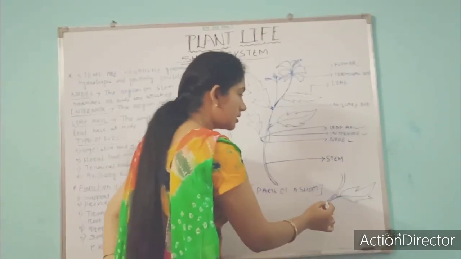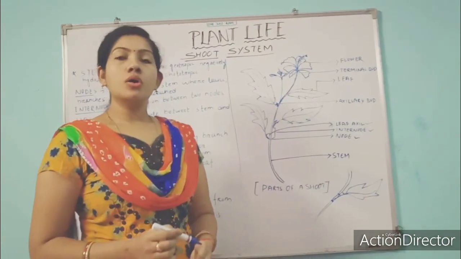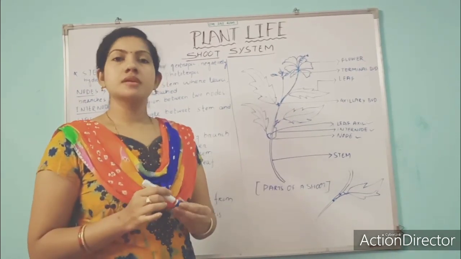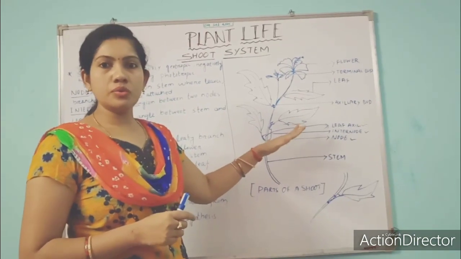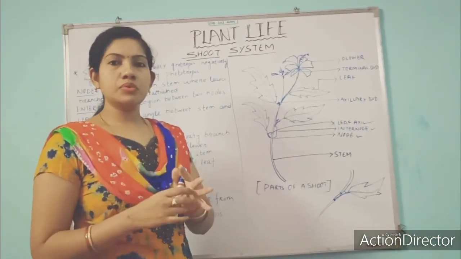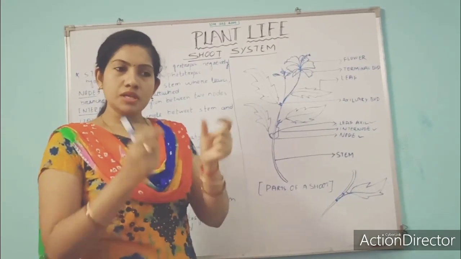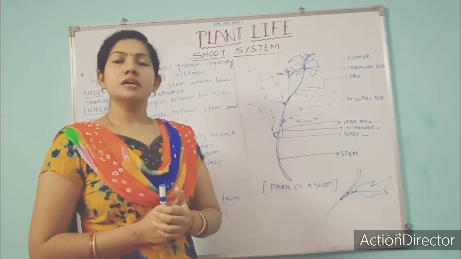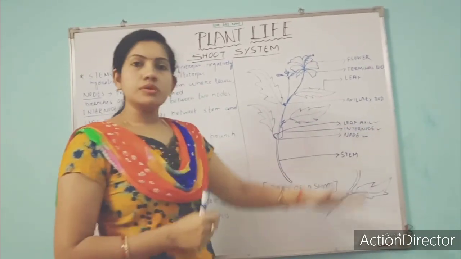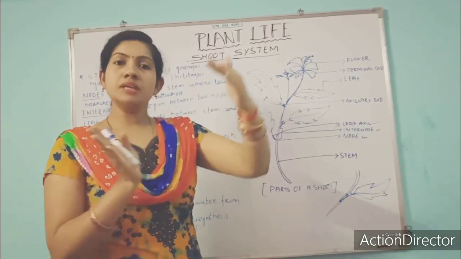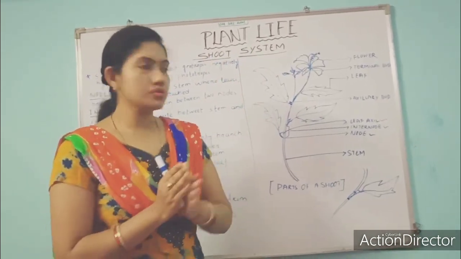Nodes are the rounded ring-like structures on the stem where all the branches, flowers or buds get attached. They are called nodes. If you have a bamboo tree in your home or any other time, you can clearly identify nodes over the stem. Internodes are the gap in between two nodes. There are spaces in between two nodes, we call them internodes.